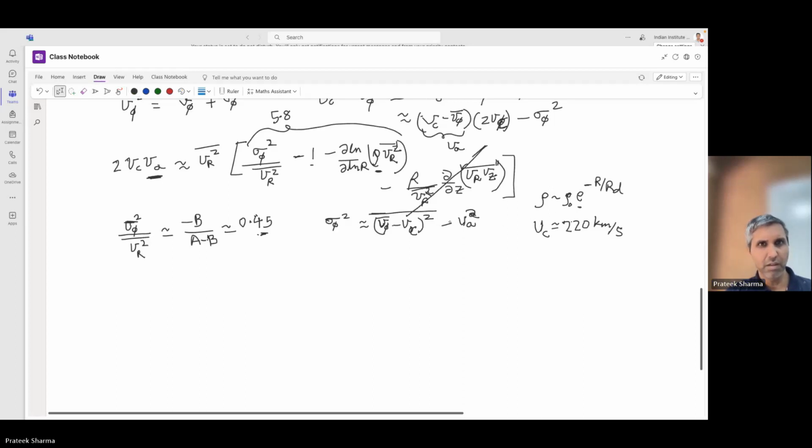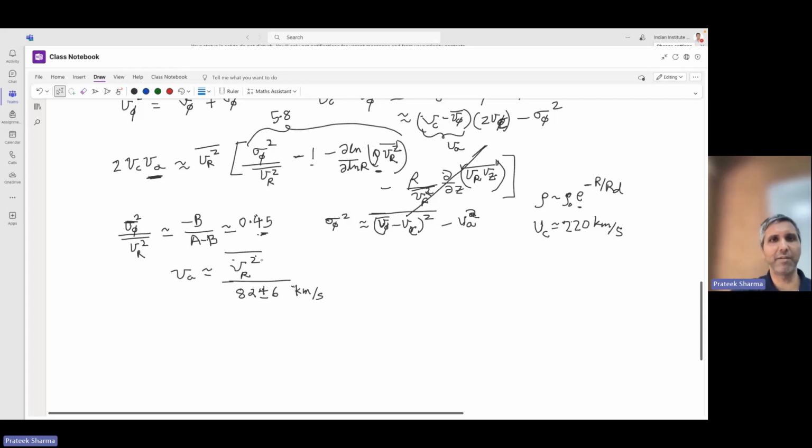If we just put in the numbers for these geometrical quantities, like the shape of the velocity ellipsoid and the logarithmic profile of your radial pressure, essentially the radial pressure in stars, what you get is VA is equal to VR squared bar divided by some 82 plus minus 6 kilometer per second. So this is your asymmetric drift velocity.